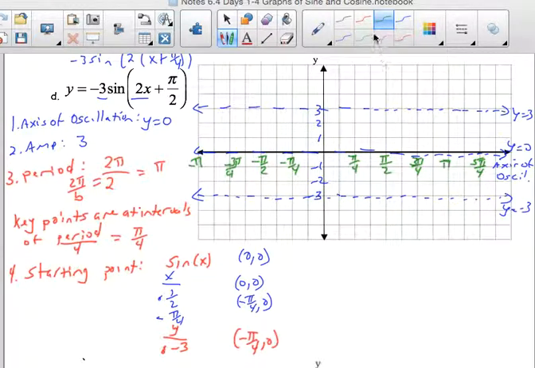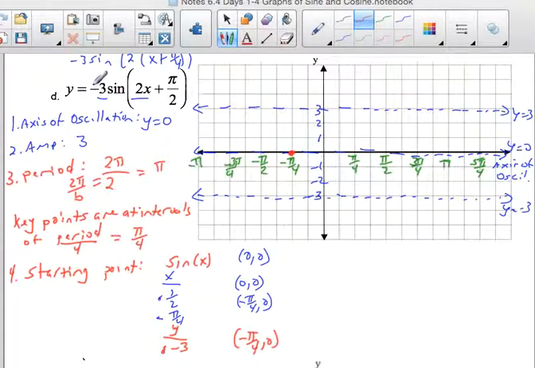And let's plot this. We're going to start at negative pi over 4, 0. And now we have a choice since we're on the midline. We have to decide, does this graph go up to a maximum or down to a minimum? Normally, a sine function will start going up as I go from left to right.